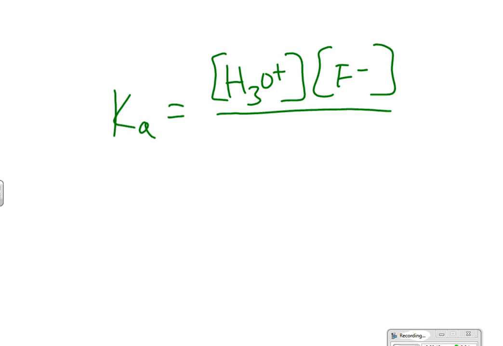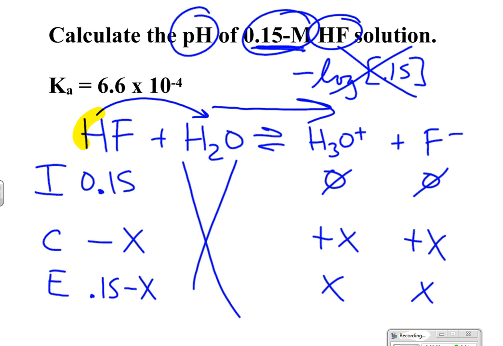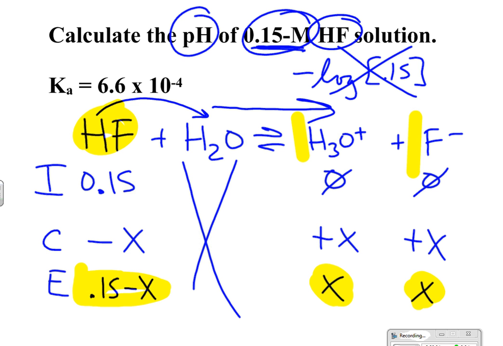Now, these don't have exponents because, going back to a weak acid reaction, you're only transferring a single H every time. So the coefficient here will always be 1, and you're ultimately always going to end up with x and x on the top. And this will be my bottom, and water is ignored. So my ultimate expression is H3O plus times F minus to the first, divided by HF.